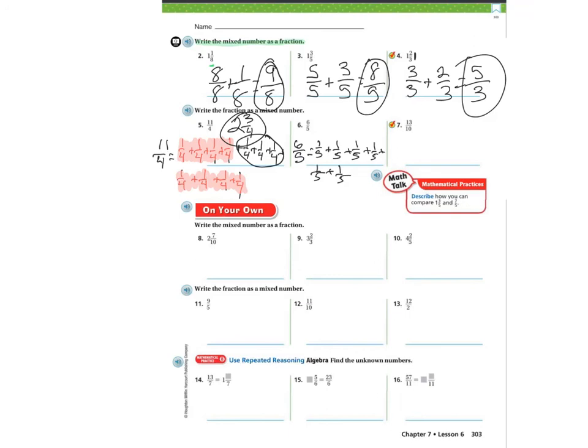And I'm going to highlight my whole. Maybe highlight it. Maybe do that instead, huh? There we go. Highlight. 1/5, 2/5, 3/5, 4/5, 5/5. So that's, how many wholes is that? 1 whole. And what do I have left over? 1/5. Perfect.